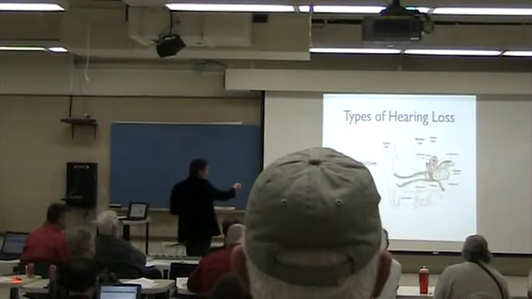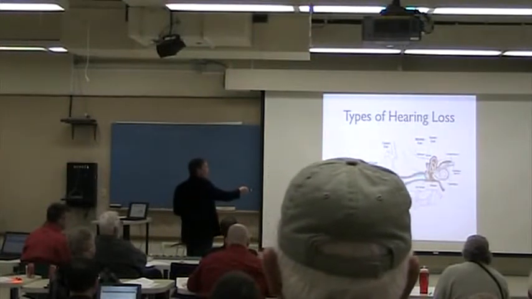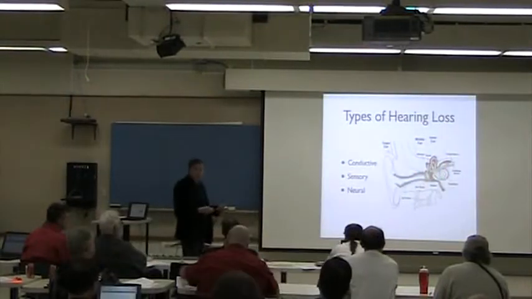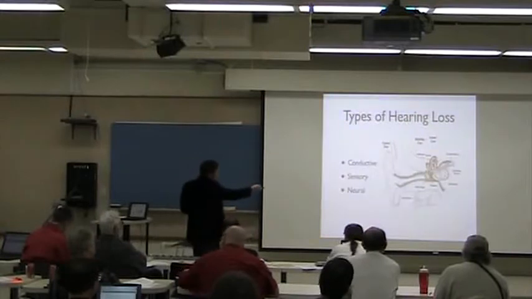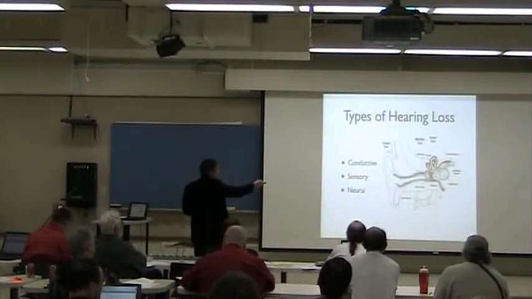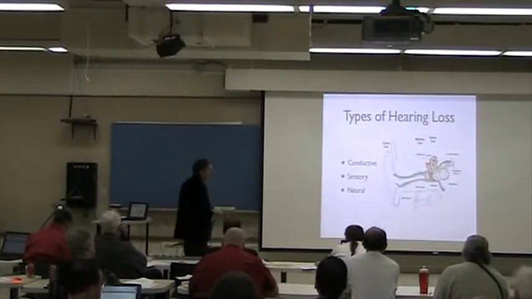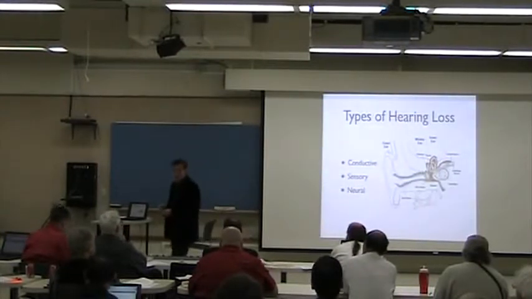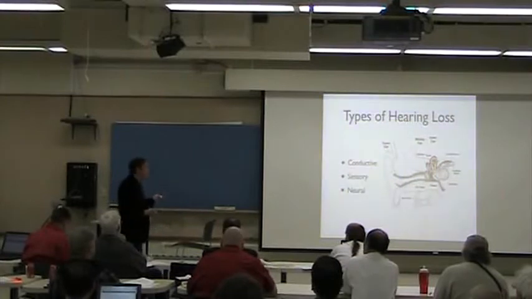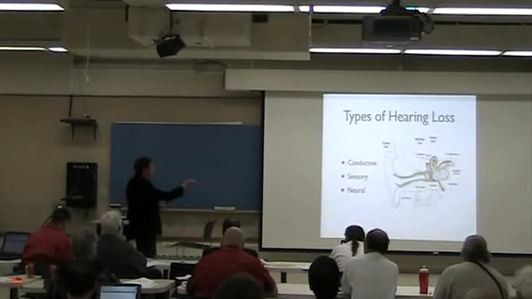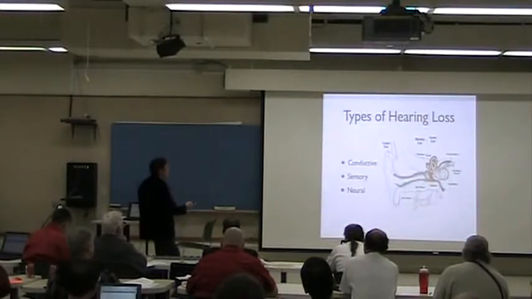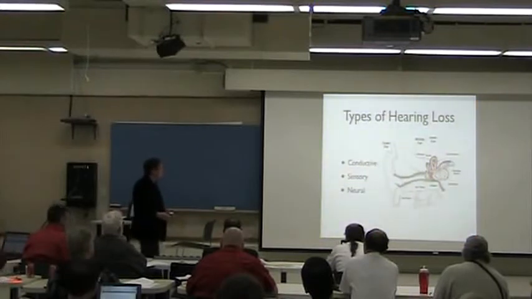You've got the mechanical channel, a converter from mechanical signals to electric form, and the electric channel, or the nerve channel. Depending on which part of the system is damaged, we deal with a different kind of hearing loss. If something is broken with your outer ear or your eardrum, we deal with conductive hearing loss.